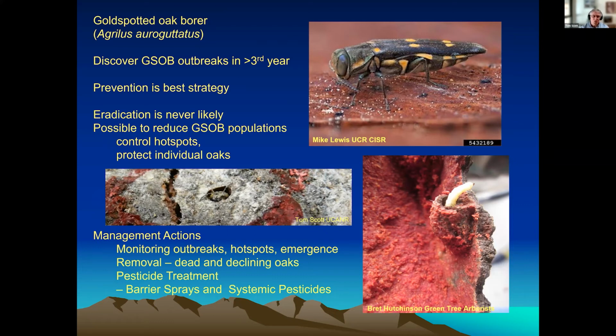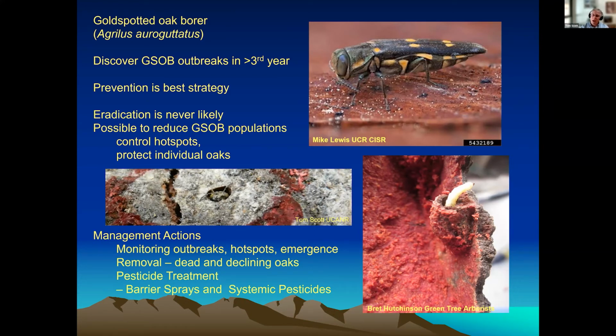So I think we've shifted from just going out and cutting down trees and removing them whenever we see a GSOB tree to having concentrated activities where we try to go out and find all the trees that have GSOB, locate the hot spots, and actually follow the emergence of the beetles so we know when our management efforts will be the most effective.